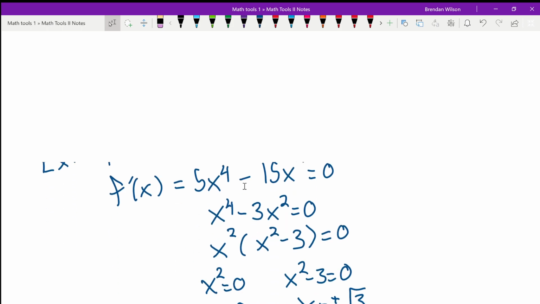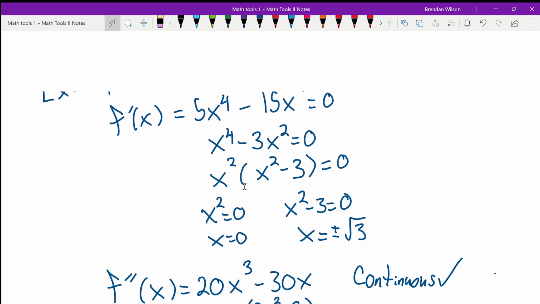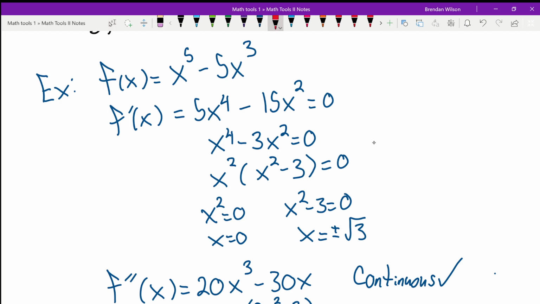Okay, so we can go back up to here, and we can look at the sign chart here for f prime.